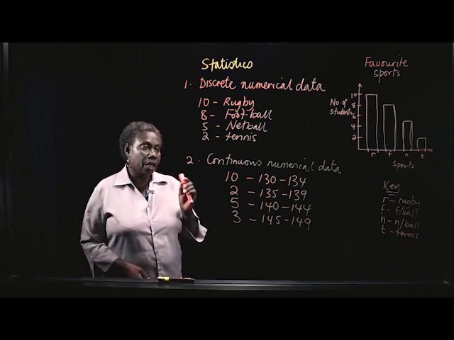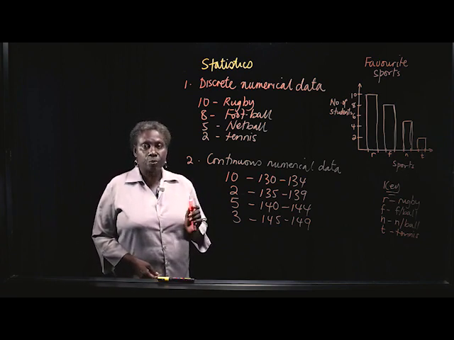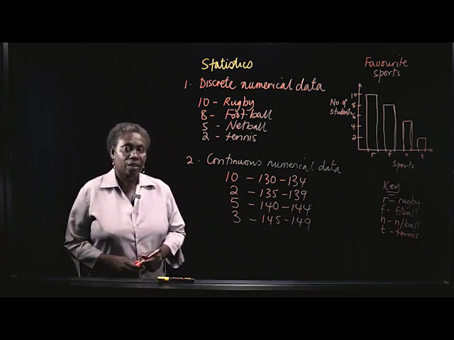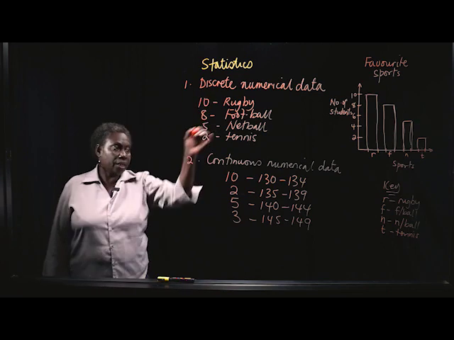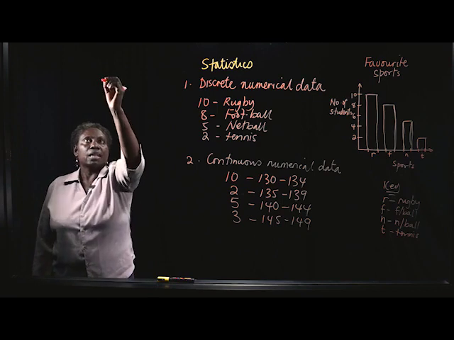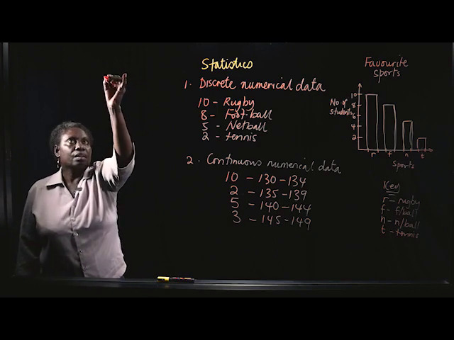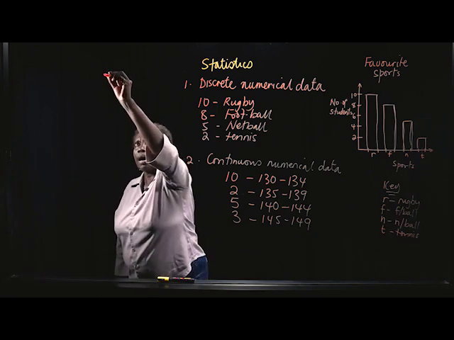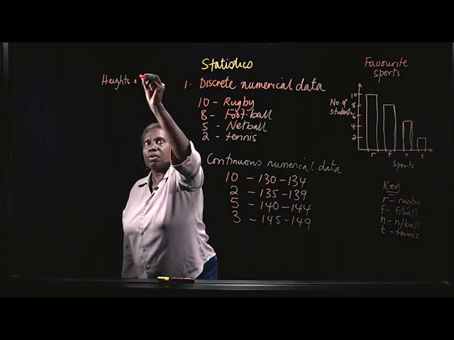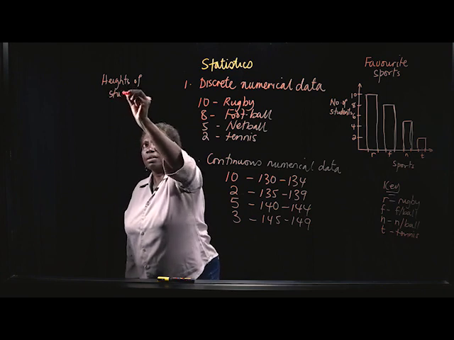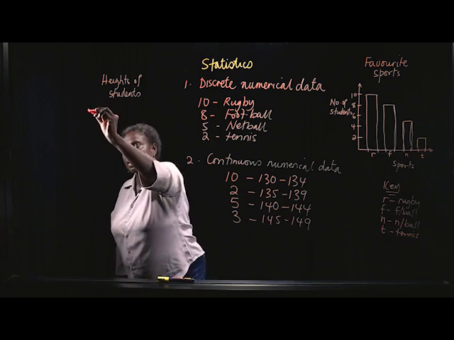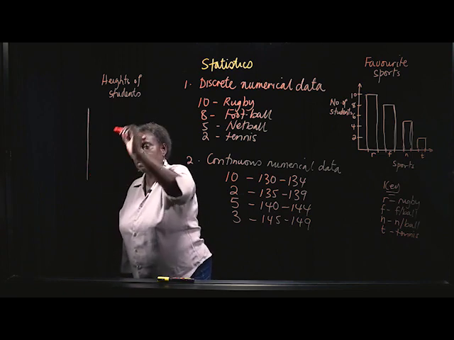This time when we are displaying continuous numerical data, we display that on a histogram. Again, I will have to have a title for my graph. The title will be heights of students. On my vertical axis, I will have the number of students.